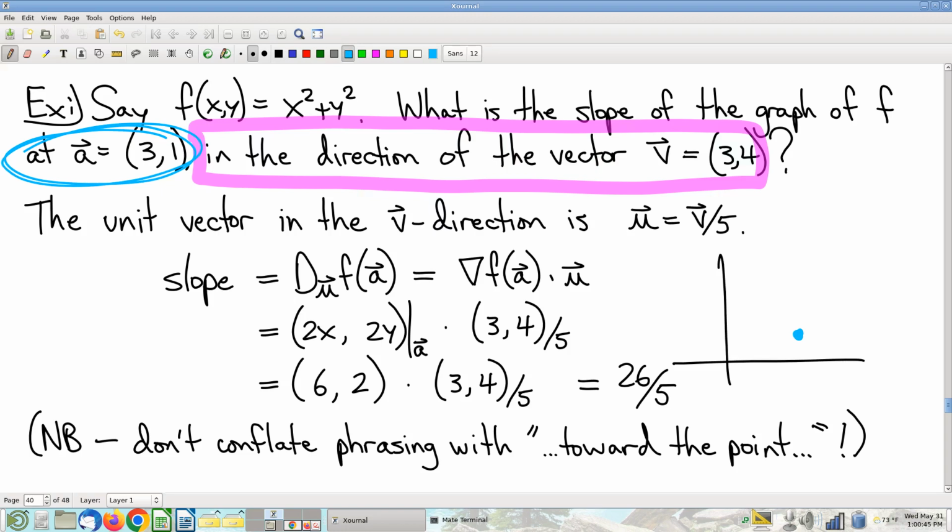There's (3, 1). Now, let's talk about this vector here, (3, 4). I emphasize vector. You've got to be really careful about this. We do conflate the notions of vectors and points for notational purposes because there's a canonical one-to-one pairing.